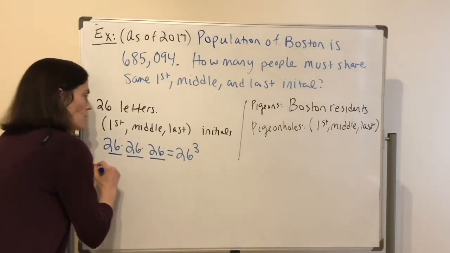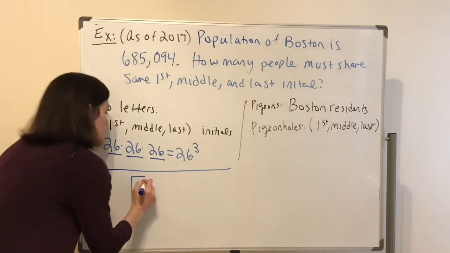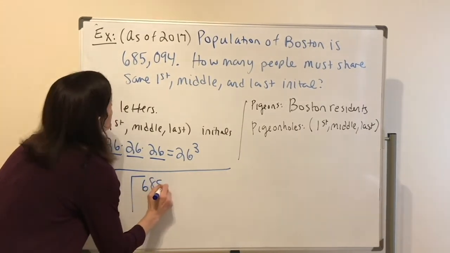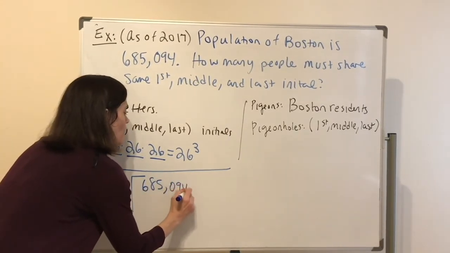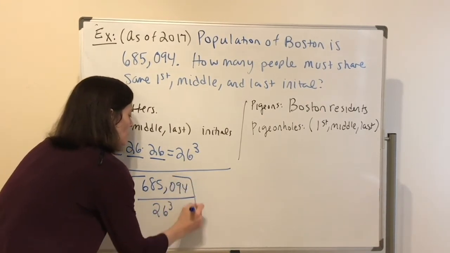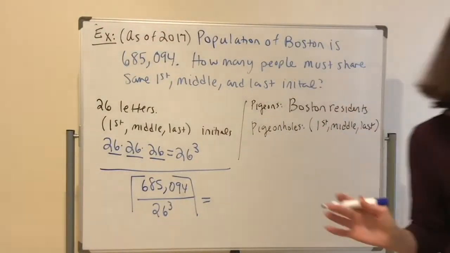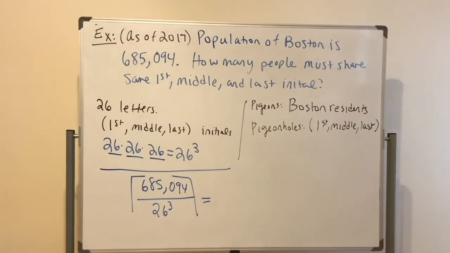And so to use this, we would take the ceiling of 685,094 divided by 26 cubed. This is, I have to look because I don't have my calculator.